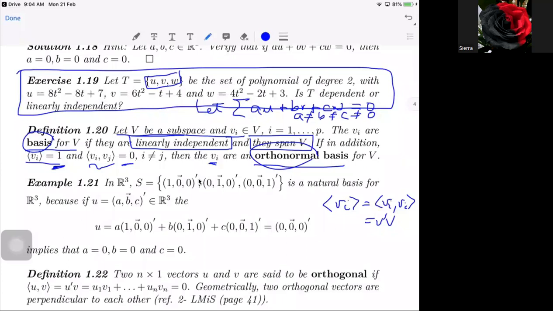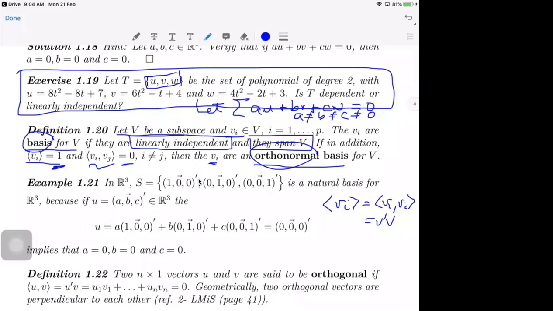Okay. Let's continue. Sorry for that. Here, as a concrete example in R3, this arrow here is just telling you it is a vector. Transpose means it is a 3x1 vector.